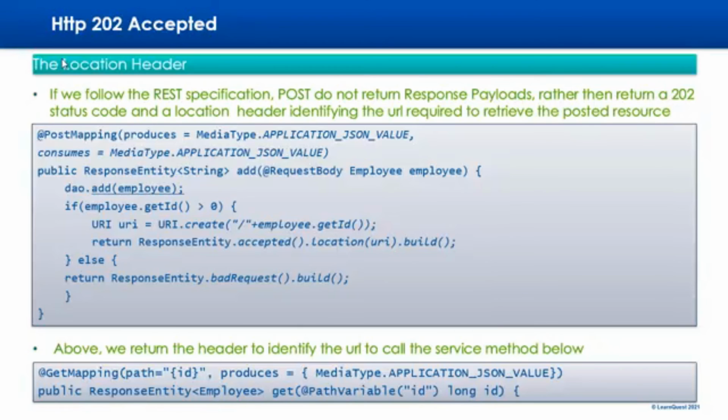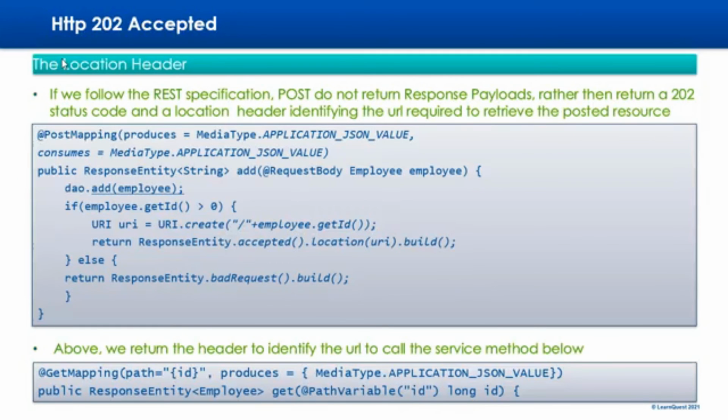But if we do, we shouldn't return data. So how do we know this insert was good? Well, we return the accepted, but we also return a location header with a URL that identifies the URL you would have to go to in order to retrieve the data that was posted to the server resource.